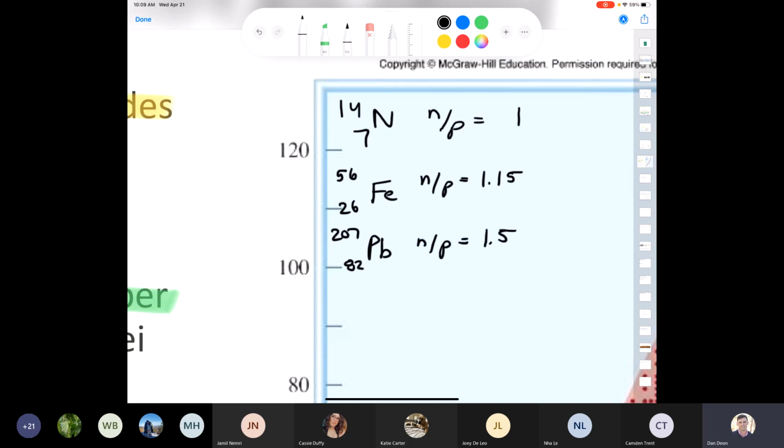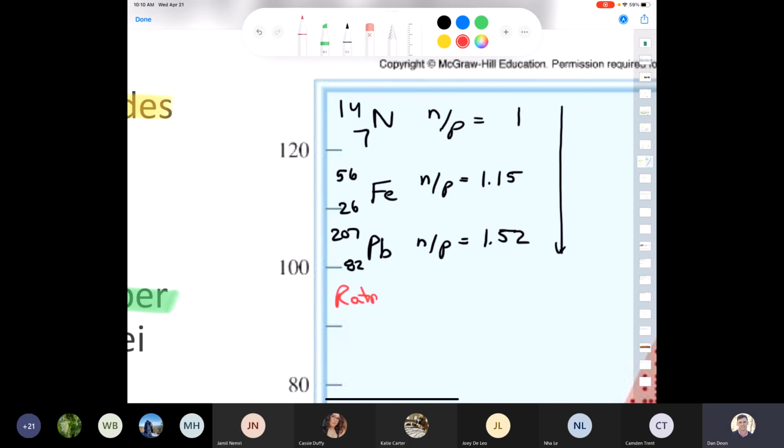It's 1.52. So it increases. The reason why the ratio of neutrons to protons increases as the nuclei get bigger is because larger nuclei have more proton-proton repulsions and require more neutrons to overcome the repulsions and hold the nucleus together.